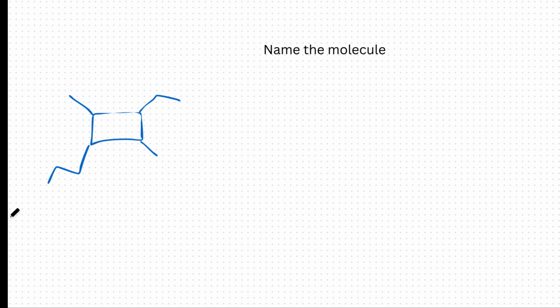Here we have a very strange group here. We can see that it's a cyclo group, but it also has very different substituents. So let's start with the alphabetical order. This is ethane, propane, and 2 methyl groups right here, apart from each other.